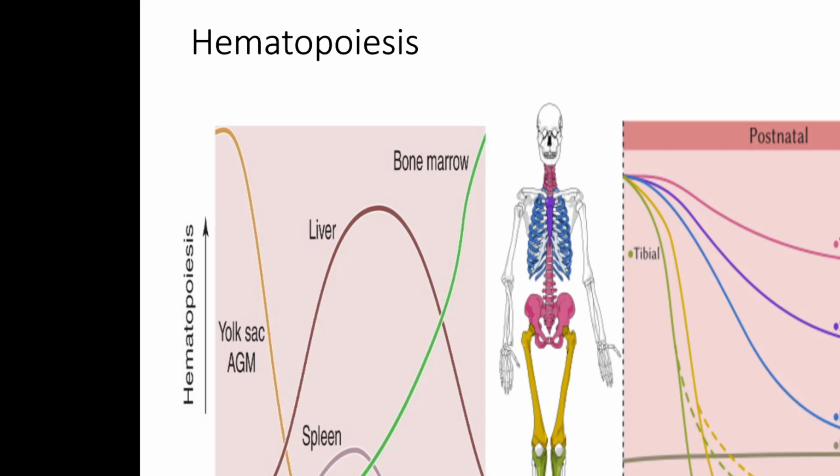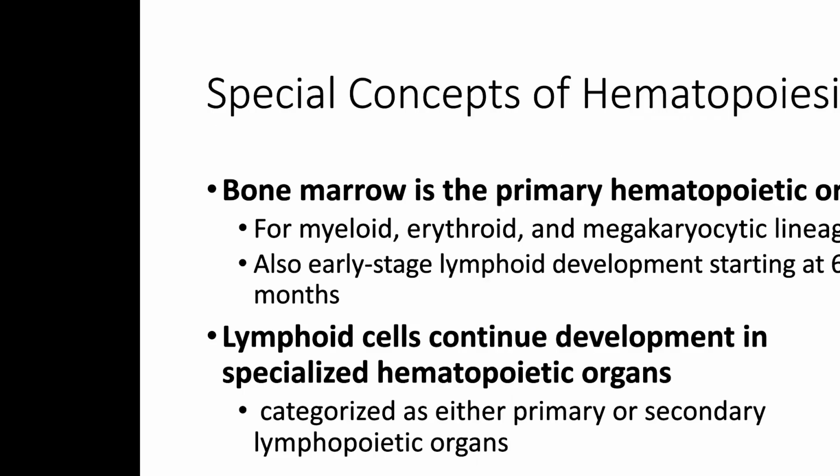For example, if you're up to about 20 years old, your tibia and your femur are going to be primary. But once you get into your 50s and 60s, that's going to primarily be your vertebrae and your pelvis. The bone marrow will be your primary hematopoietic organ when you are an adult, like I mentioned before.